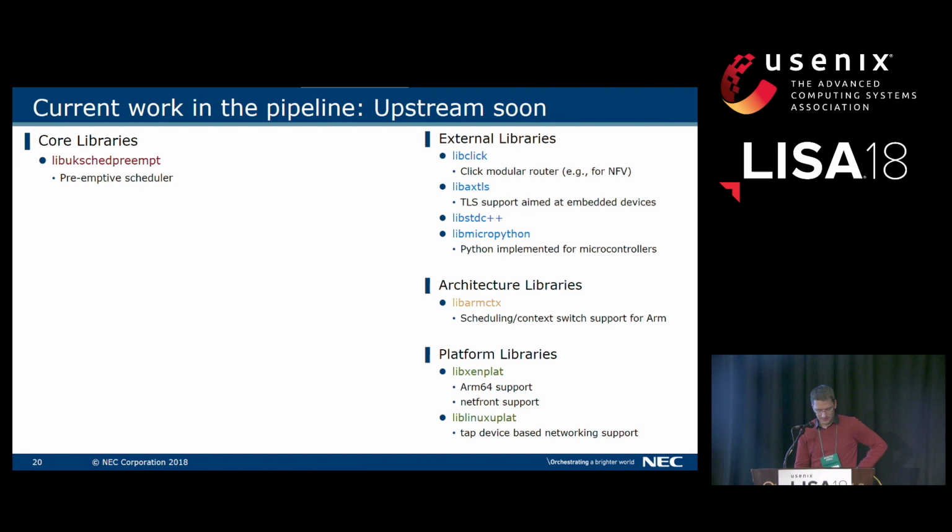We are also getting support for the latest ARM v8 CPUs from the ARM people. They are currently implementing the port for running Xen virtual machines on ARM64. And mainly networking work is currently going on.